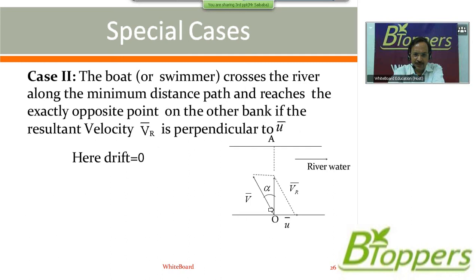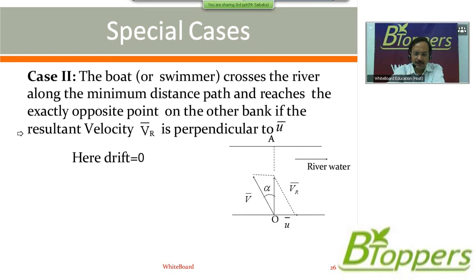That means in this case, the resultant velocity VR bar acts along the width OA of the river, perpendicular to the velocity U bar of the river water. And the boat will reach the other bank at the point A. That means it moves along the minimum distance path. This conclusion you have to remember while solving the problems. Rest of the discussion automatically follows in a logical way.